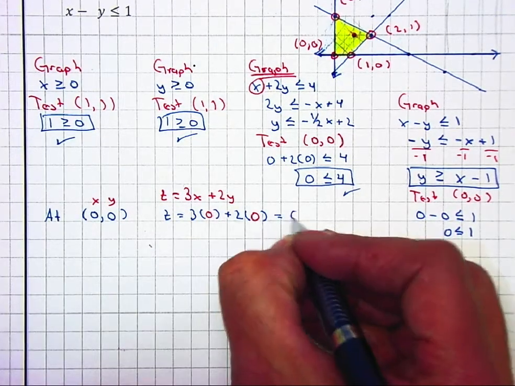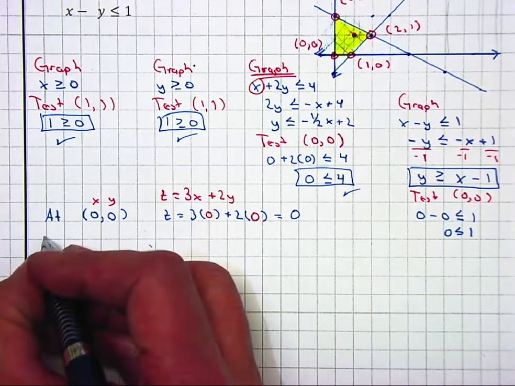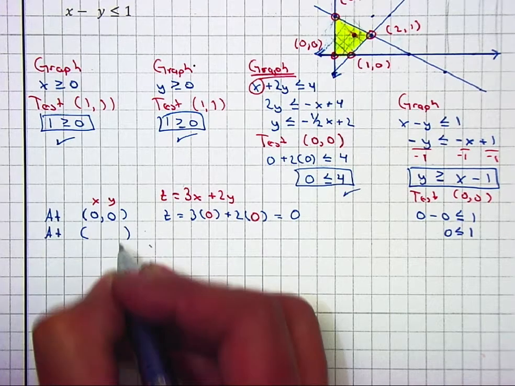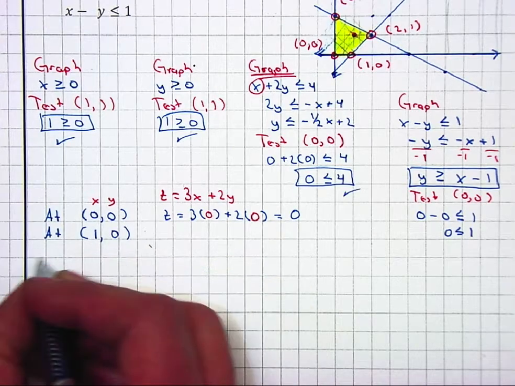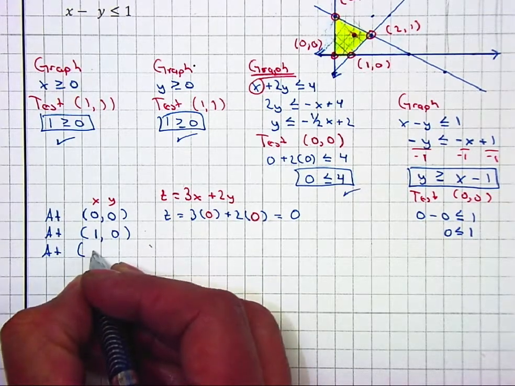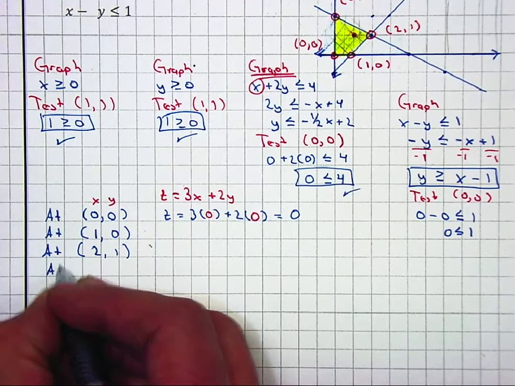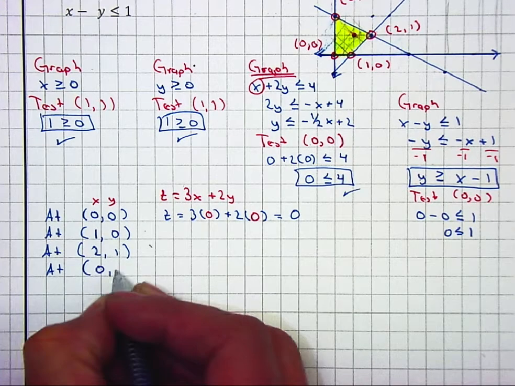So therefore, this will be 0. And now we need to test each of those points to obtain our maximum or minimum value. Our next one will be 1, 0, and I'm going to do the same thing at 2, 1, and the last one will be 0, 2.